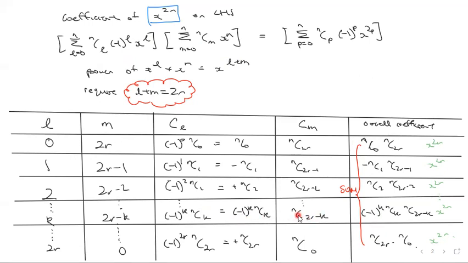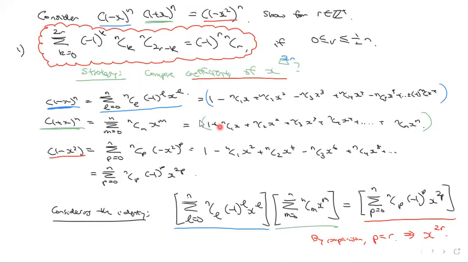In other words, the sum could be written as (-1)^k nCk n C (2r minus k), where k goes from 0 to 2r. And if you compare, we've got k equals 0 to 2r, (-1)^k nCk n C (2r minus k). Therefore, we have proven that these two are equal.